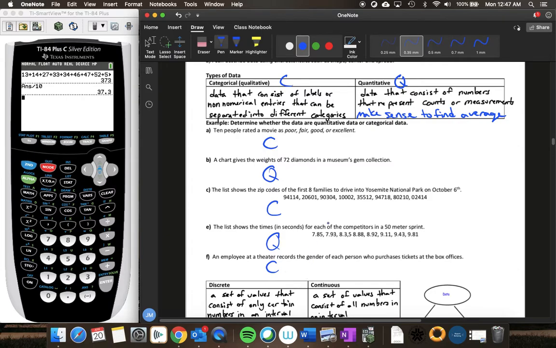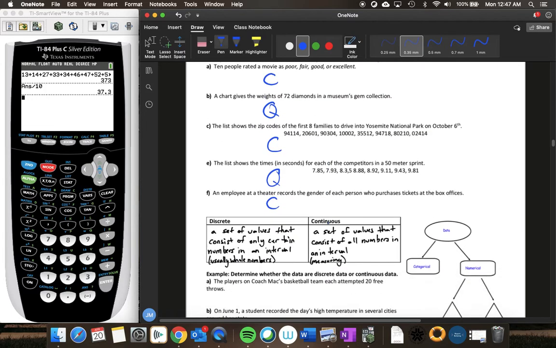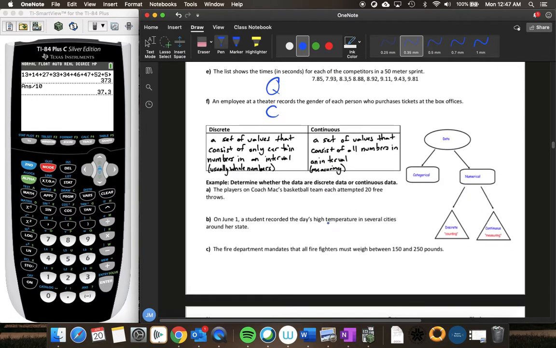Okay, there's a second kind of level that you can get when you're classifying data. So in addition to classifying categorical, and this says numerical, numerical being the quantitative data, there's actually two more kind of distinctions you can make, which is that quantitative data can be broken down into what's called discrete data and what's called continuous data.